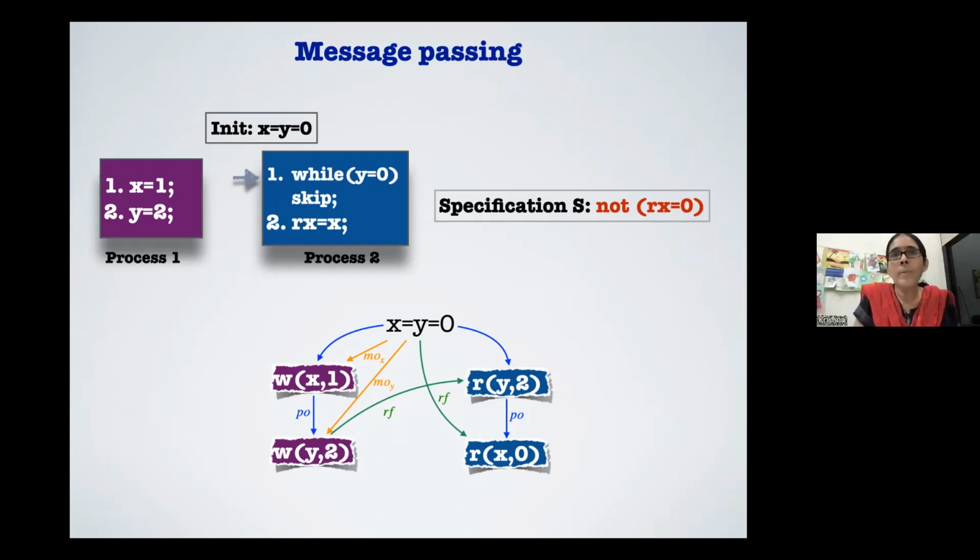So the message is that if I look at the number of execution graphs possible under sequential consistency and under a model like release acquire, the number of behaviors I am going to get under release acquire is more than under sequential consistency. In other words, I'm going to get extra behaviors than what I expect from sequential consistency.